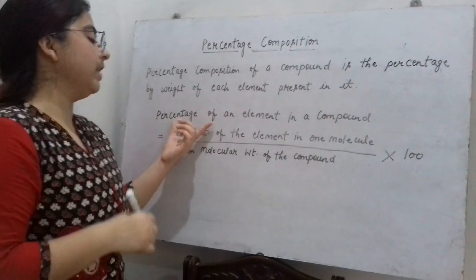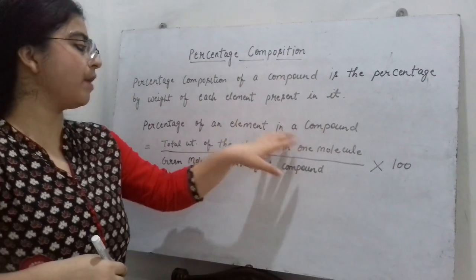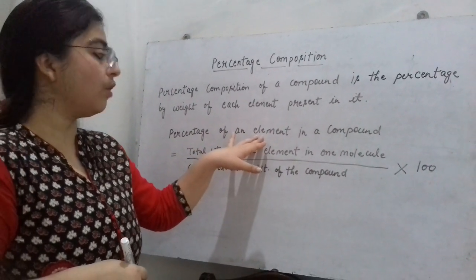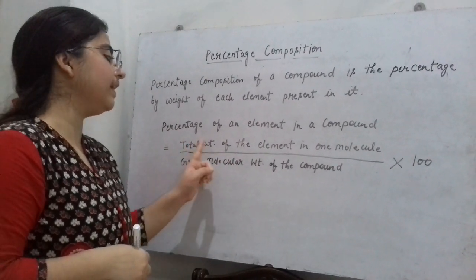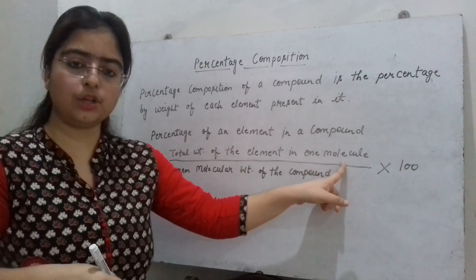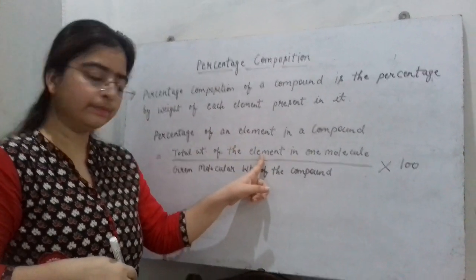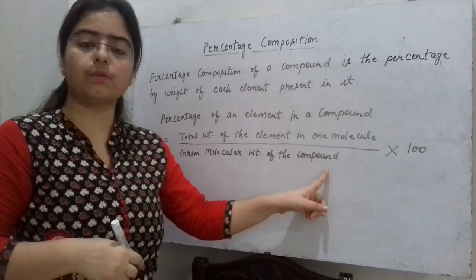So in order to calculate the percentage of an element in a compound, if we want to find the percentage of the elements present in any compound on the basis of their weight, then the formula is: total weight of the element in one molecule of that compound upon gram molecular weight of the compound.